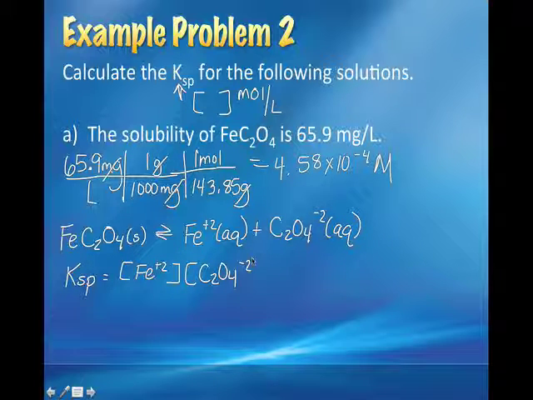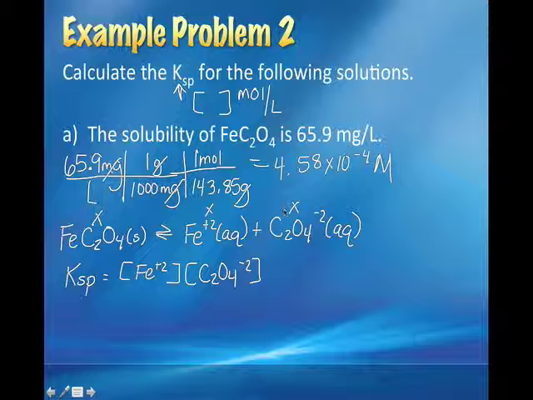And what we do is we think about, in terms of molarity, that if I have X number of moles of this, or molarity of this, I'm going to have X of that and X of that, because the coefficients are 1. If this were a 2, then this would become 2x.